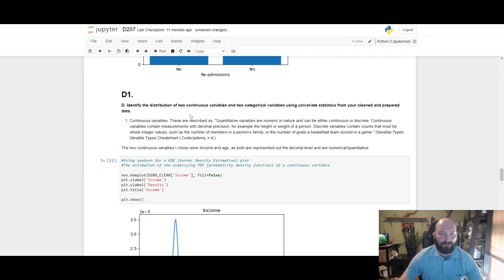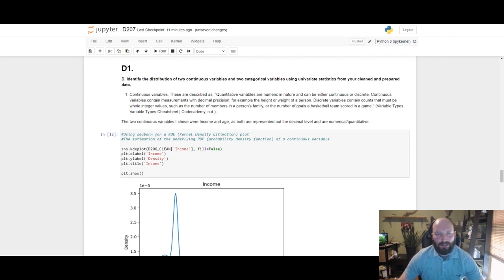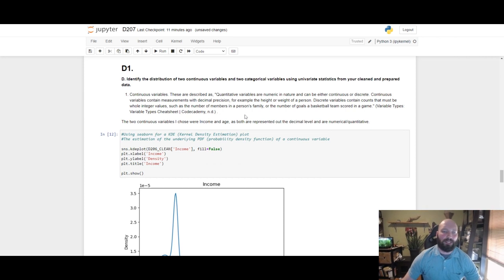D1, identify the distribution of two continuous variables and two categorical variables. So this is the continuous variables, and those are described as quantitative variables are numeric in nature and can be either continuous or discrete. Continuous variables contain measurements with decimal precision, and discrete variables contain counts that must be whole integer values.